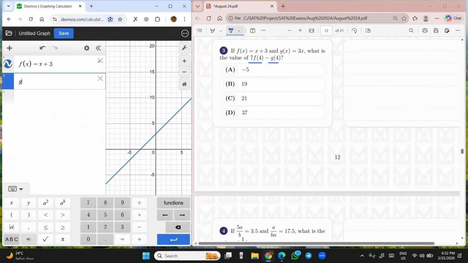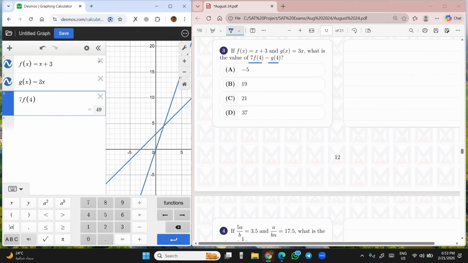And then g of x is equal to 3x. Then we can get the value of 7f of 4 minus g of 4. Just write them down here. 7f of 4 minus g of 4. And you get the answer as 37 without making any calculation, which saves us too much time.